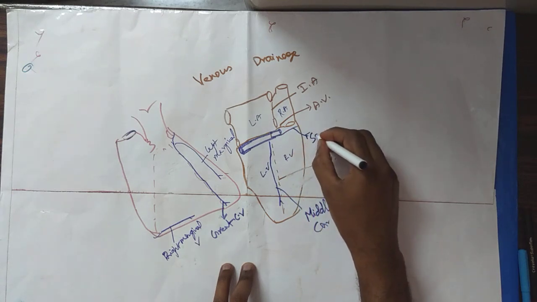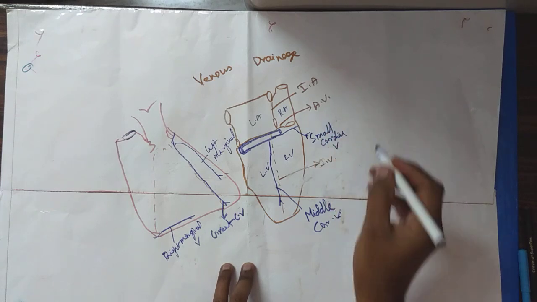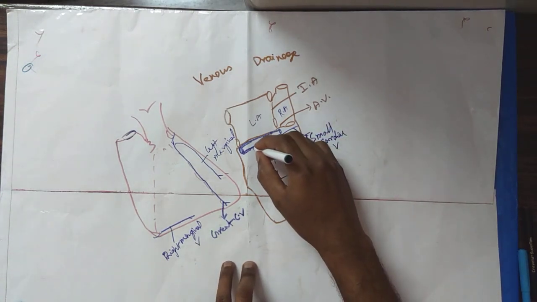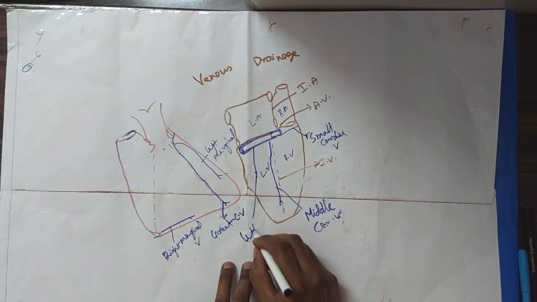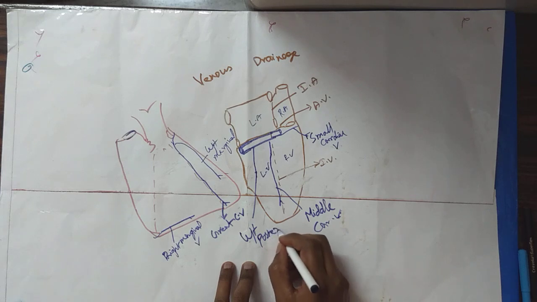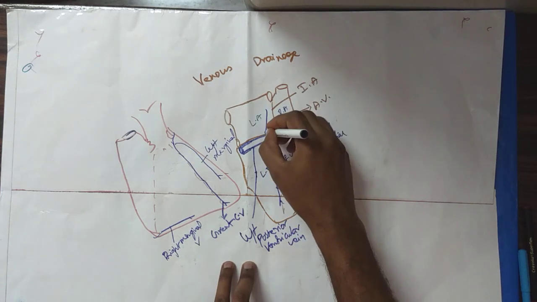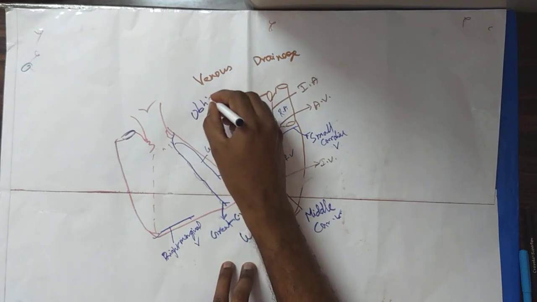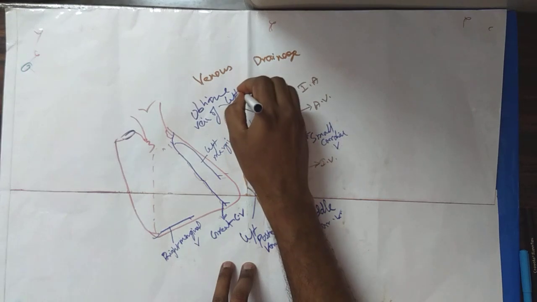So this is your small cardiac vein. Apart from that, you have one more vein called left posterior ventricular vein, and this is oblique vein of left atrium.